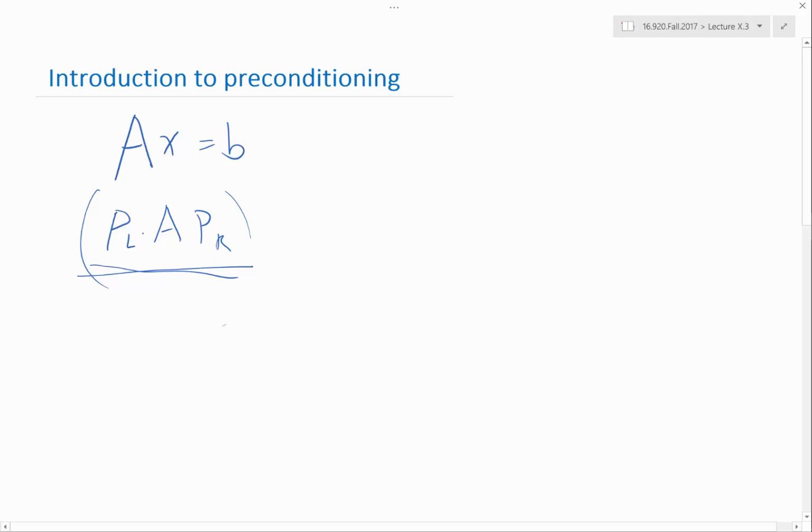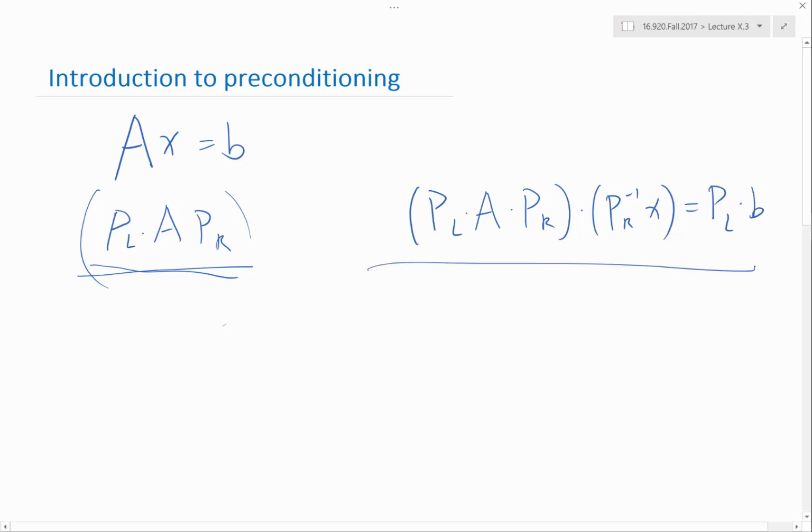So what I should be solving is PL A PR times PR inverse of X equal to PL times B. So this system is equivalent to this system, but this is hopefully easier to compute. It converges faster.